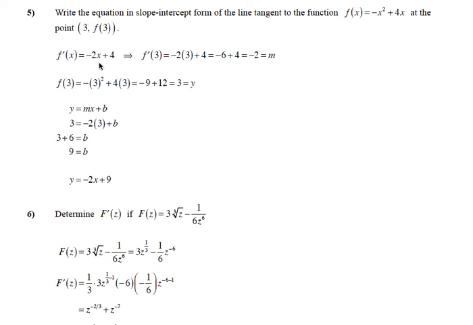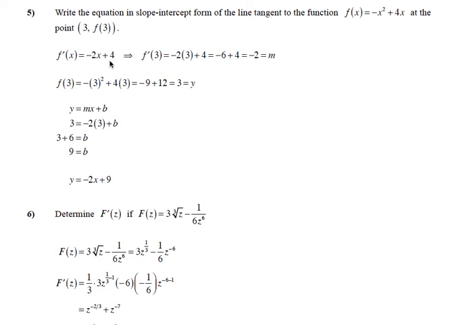The second term is a linear term, 4x, and when we have a coefficient times just x, that differentiates to the coefficient, which in this case is just positive 4.